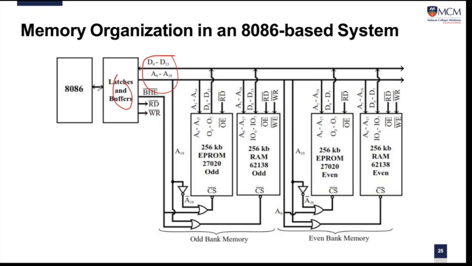So the structure of a memory bank is divided into the odd bank memory and even bank memory. Each bank consists of EEPROM, or erasable programmable read-only memory, for storage of firmware or program code. Again, in each bank we have SRAM, EEPROM and RAM.